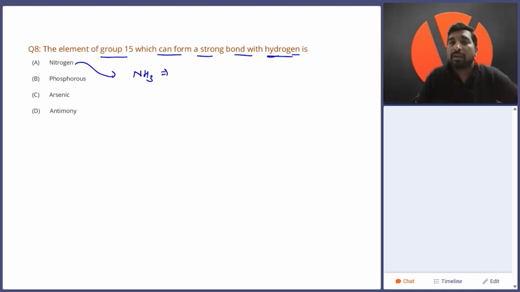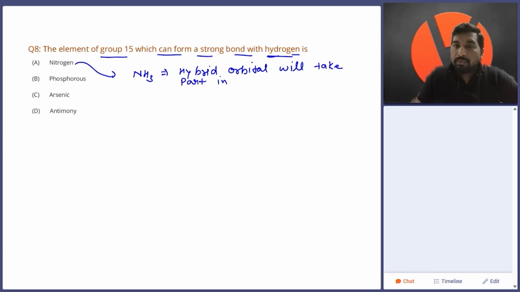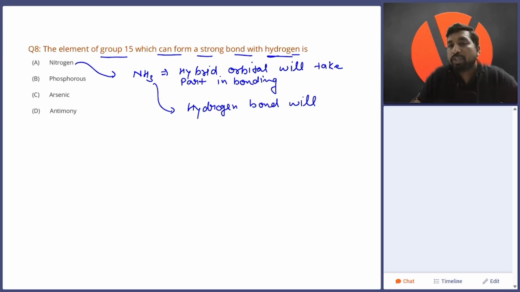In this case, hybrid orbitals will take part in bonding, and only in this case hydrogen bond will form, which helps to stabilize the molecule. So the right answer should be A. Now we will cross check the answer.